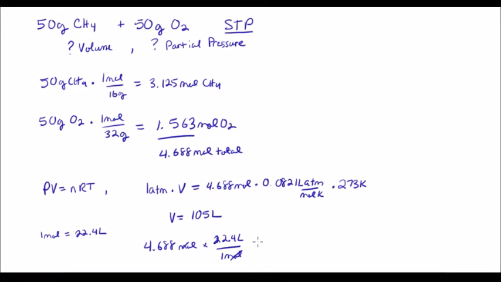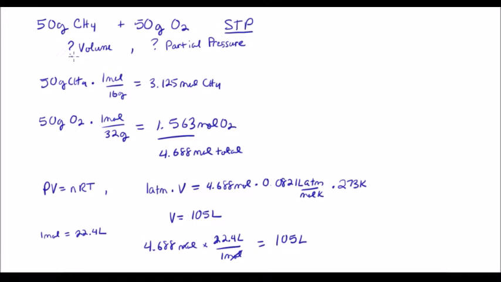Moles cancel, and that gives me, well, what do you know, 105 liters. So basically 2 ways to work this problem. Of course, the bottom one only works if you're at standard temperature and pressure.